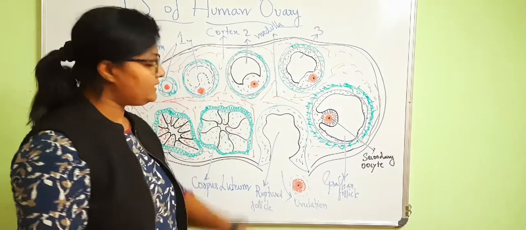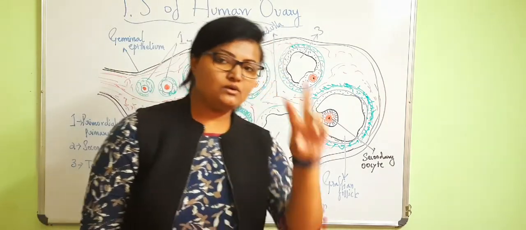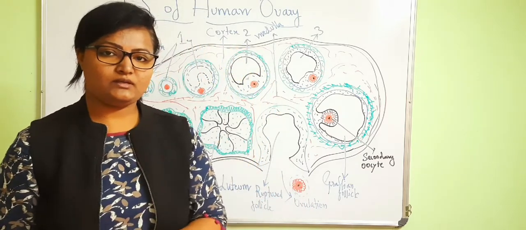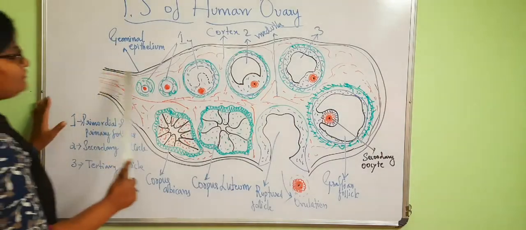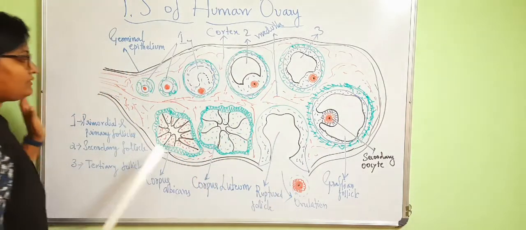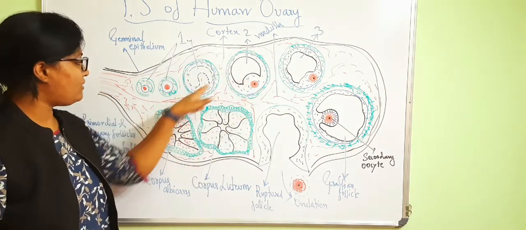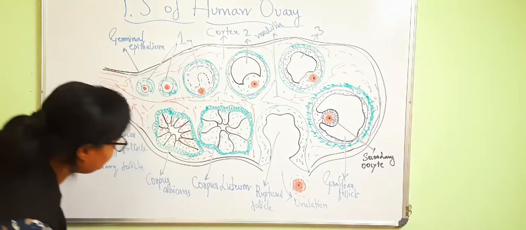When we take a section of the ovary, it is divided into two compartments.